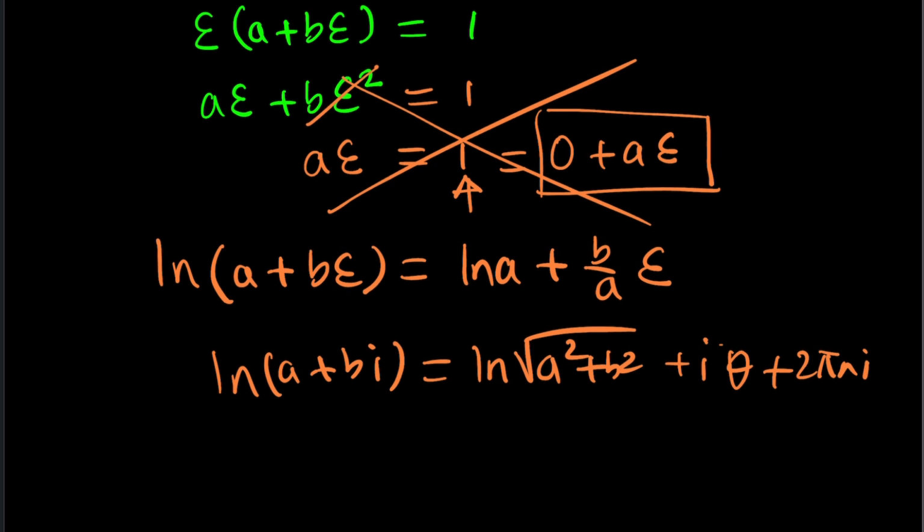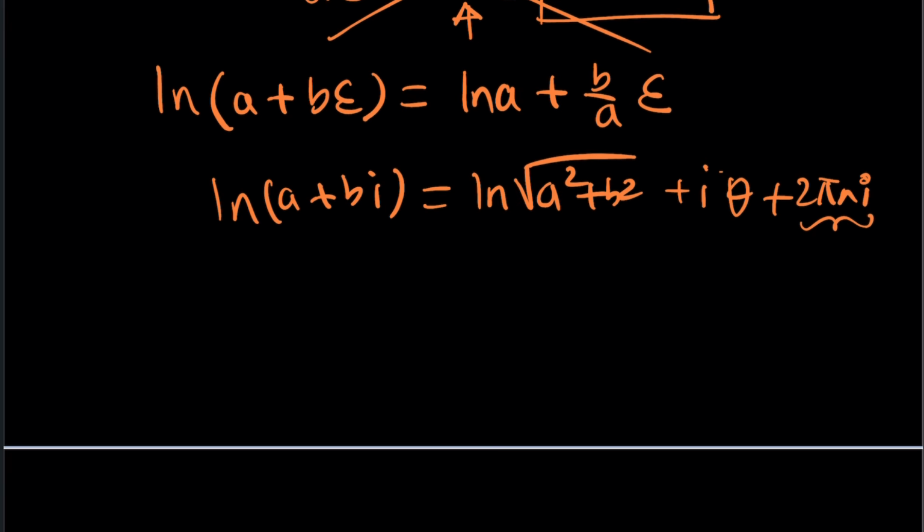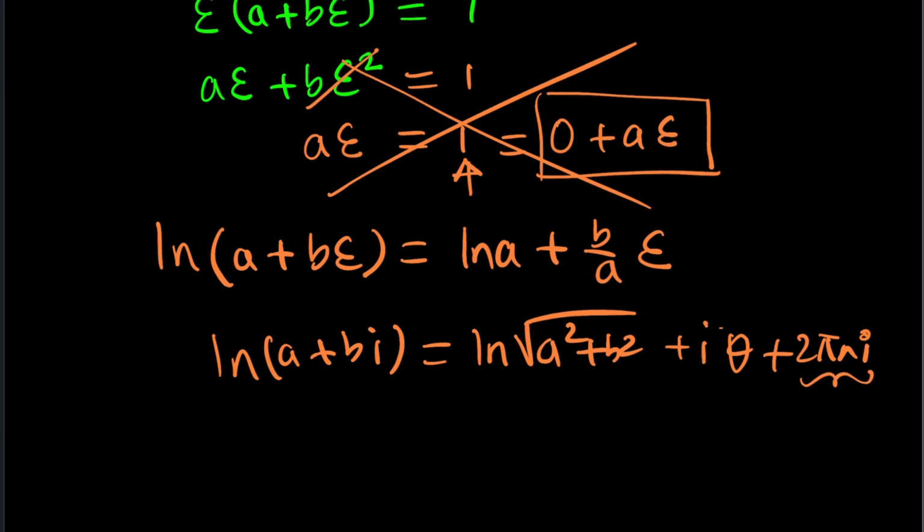So this additional piece does not show up with dual numbers. Why? Because if you look at the dual number exponential, it has kernel 0. What does that mean? Maybe we can talk about that later. But anyways, let's go ahead and see what all this means.